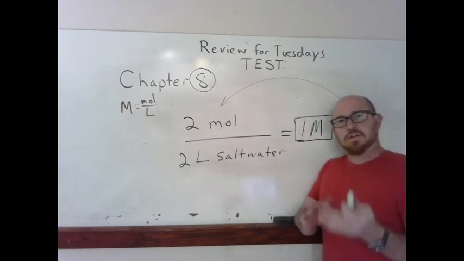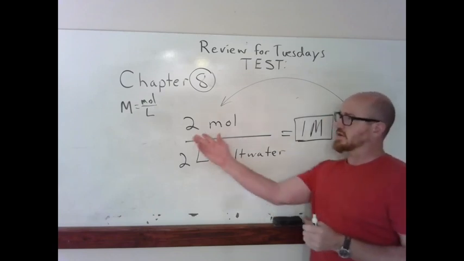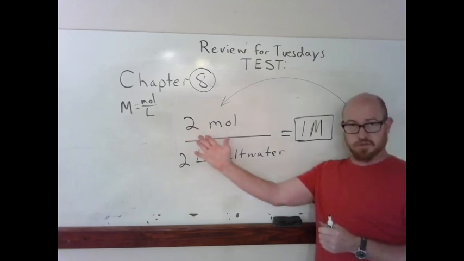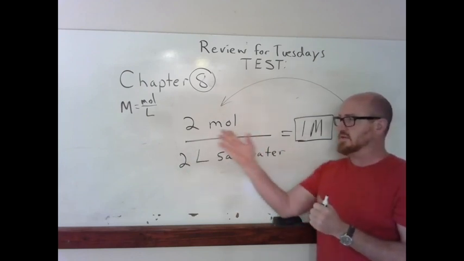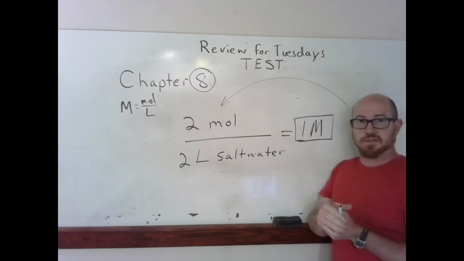I wanted to show you 2 variations of the same problem. In this case, we had to convert 117 grams to 2 moles. In the initial case, I gave you 4 moles. You simply plug it into the equation to get your concentration.